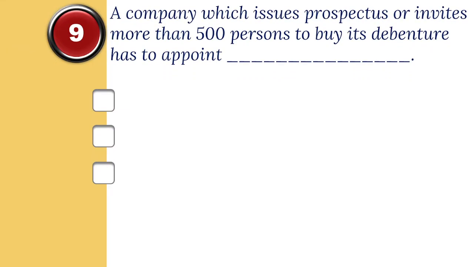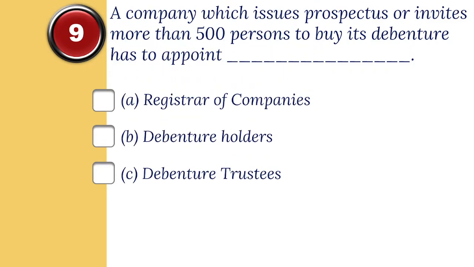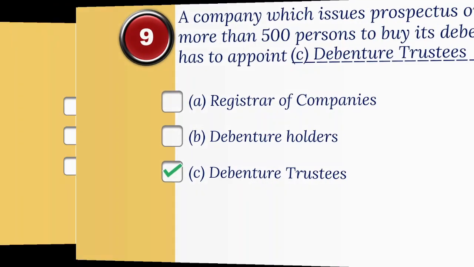A company which issues prospectus or invites more than 500 persons to buy its debenture has to appoint dash. The options are A. Registrar of companies, B. Debenture holders, C. Debenture trustees. And the correct option is C. Debenture trustees.